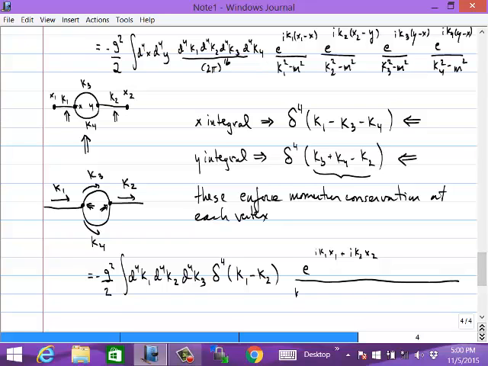Well, you had a k1 squared minus m squared, a k2 squared minus m squared, a k3 squared minus m squared, and then a k4 squared minus m squared. But we did the k4 integral using the delta function, and so k4 was equal to k1 minus k3. So you get k1 minus k3 squared minus m squared.